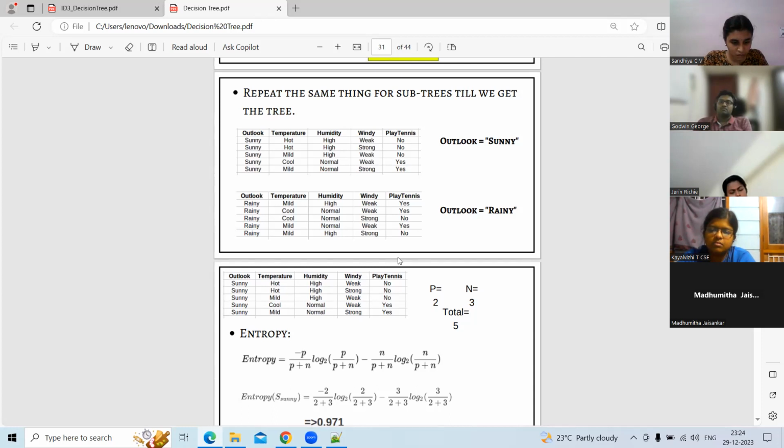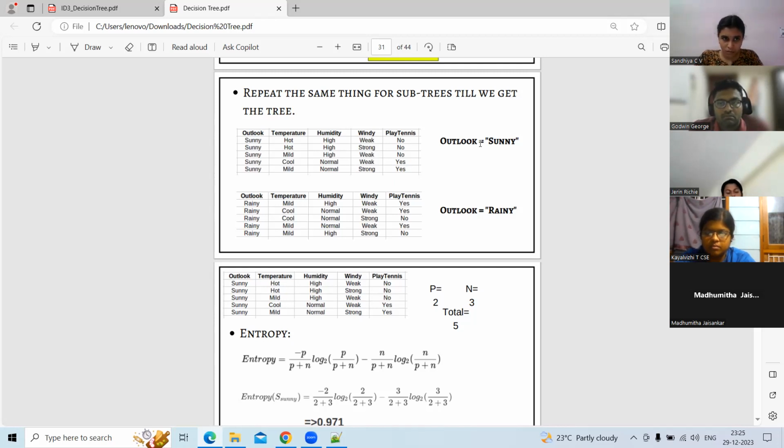But let's say outlook were not a categorical variable and it were a continuous variable. And let's say the branch was something like greater than 4. I moved down a branch, and I had split that branch on the basis of outlook using the following condition: if outlook is greater than 4, I move down this branch.